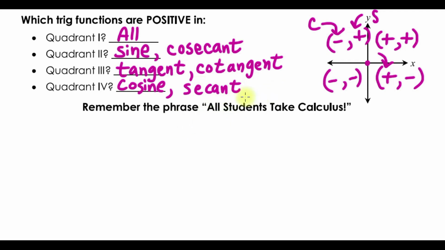And here is the phrase: all students take calculus. So quadrant 1 is all, quadrant 2 is student, so that's S, right? Quadrant 3 is T, which is tangent. And then quadrant 4 is C, which is cosine. So this phrase right here will help you to remember which trig functions are positive in these quadrants.